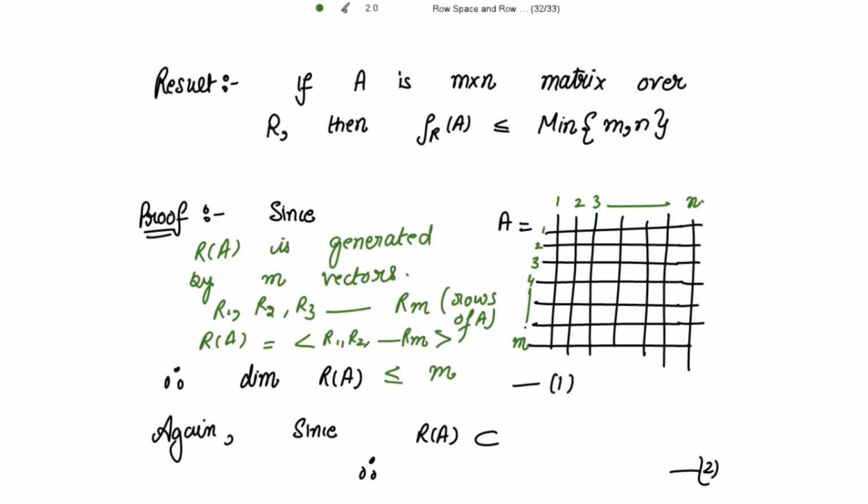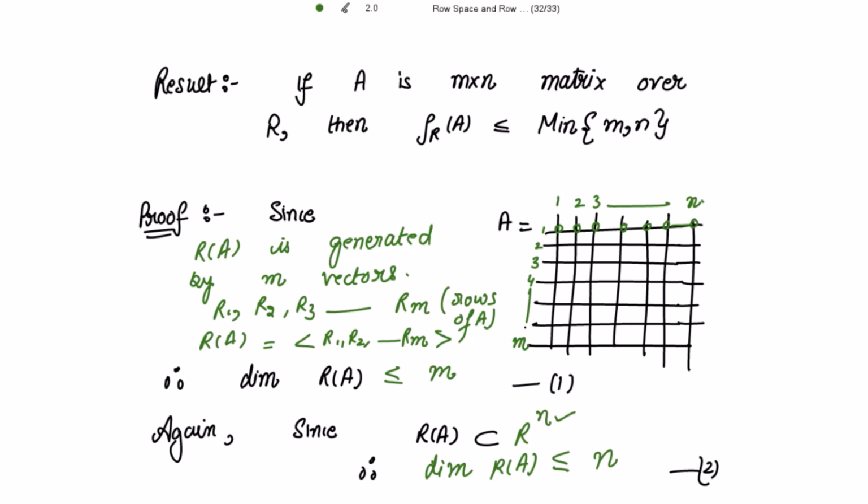Again, since the row space of A is also a subset of Rn, the n-dimensional space over reals, because every row of A contains n real elements, as there are n columns, the dimension of R(A) is less than or equal to n. Please mark this as 2. Now in 1 we are saying the dimension of R(A) is less than or equal to m.